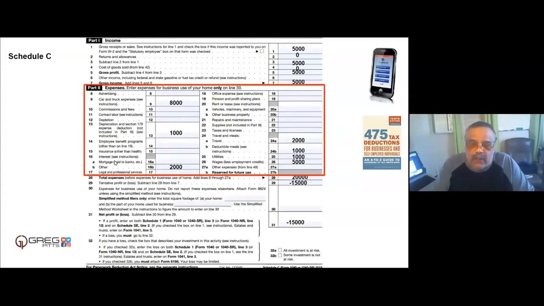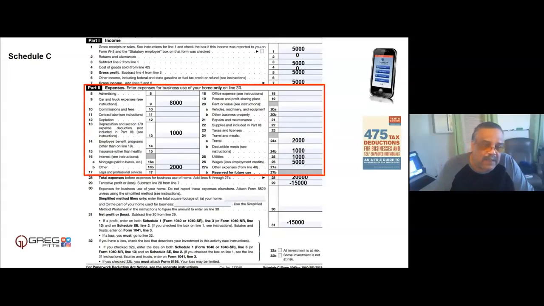Then we have interest that you may pay. There's $2,000 worth of interest. We're showing $2,000 worth of travel expense, $1,000 in meals, a portion of your utility. When you're a business owner, you can take that off.